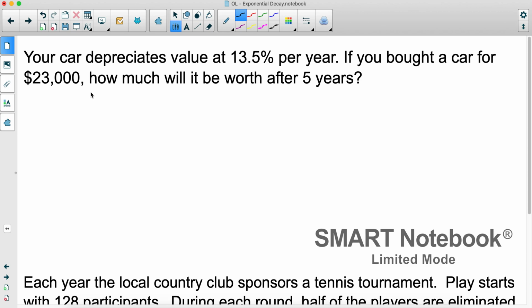So first, let's write our function. Remember, it's going to be y equals a times b to the x. A is our initial amount. It's our starting point, which in this case is 23,000. B, when we have that percent, we are going to do 1 minus the rate. Even though there's a decimal here, I still need to change it to a decimal by moving it 2 spots to the left.